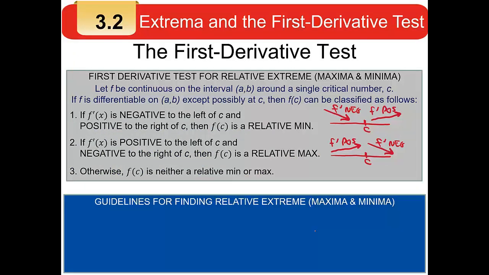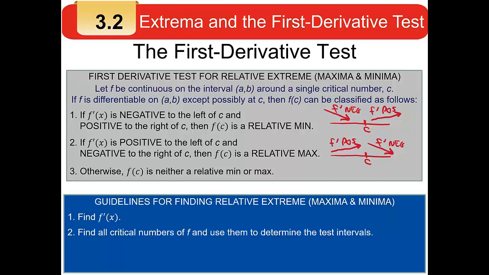Before we actually start working problems, it's probably good to talk about just some basic guidelines for finding these relative extrema. First thing you want to do is take the derivative. Anytime you're dealing with increasing, decreasing, you take derivatives. And we've just seen from our earlier discussion that these increasing and decreasing also tell you about maxes and mins.